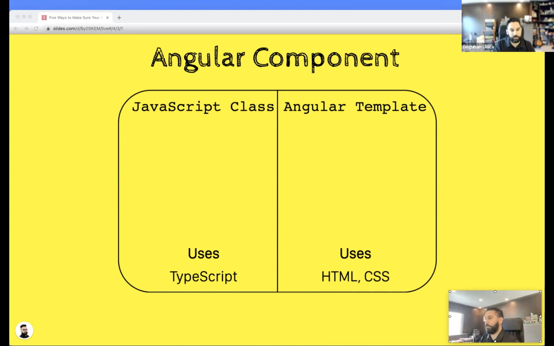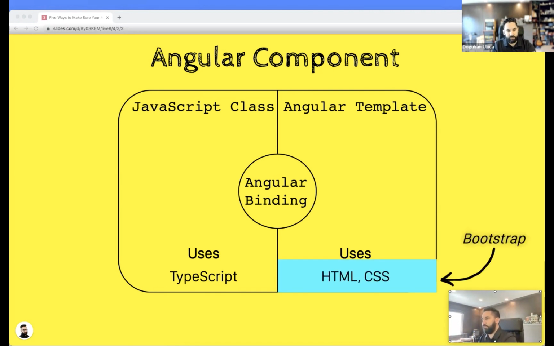Our Angular template uses HTML and CSS. And of course, the magic comes from the Angular binding that forms an Angular component. So, for example, when you use a library like Bootstrap, it only provides you a sliver of the functionality you need, whereas a full component library gives you the whole deal.